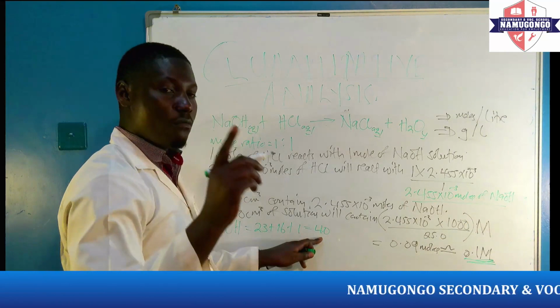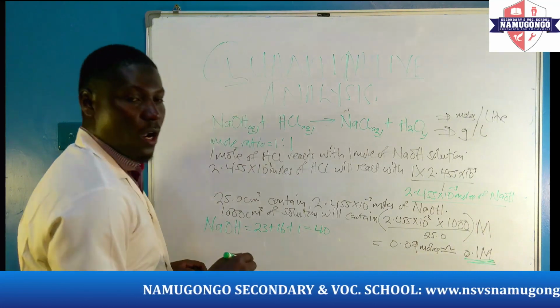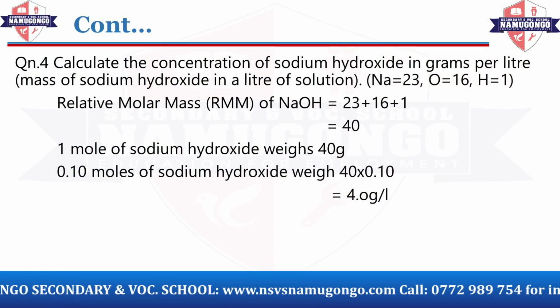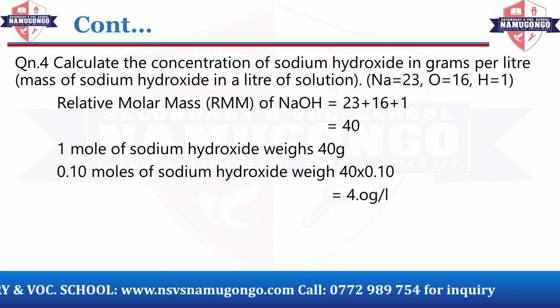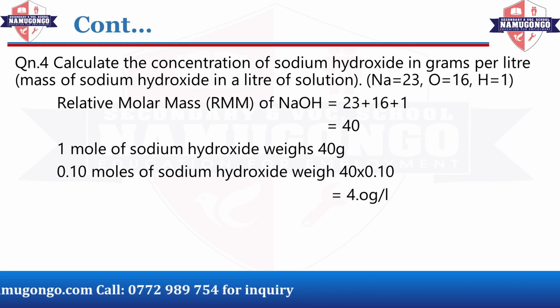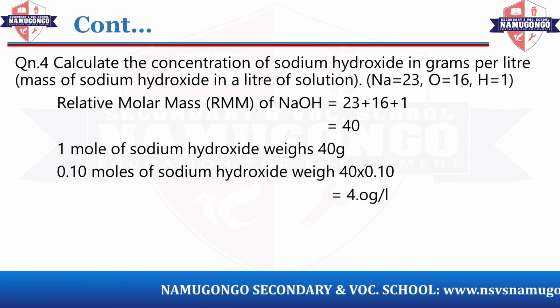So this is the mass of 1 mole of sodium hydroxide. We shall say 1 mole of sodium hydroxide weighs 40 grams, according to what we have done here, because we have calculated the atomic masses of each atom within the compound. What about now these moles that we got? I told you these moles are in 1,000, and so we are getting mass in 1,000.